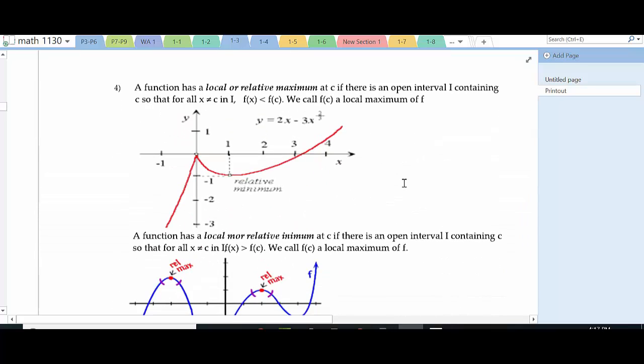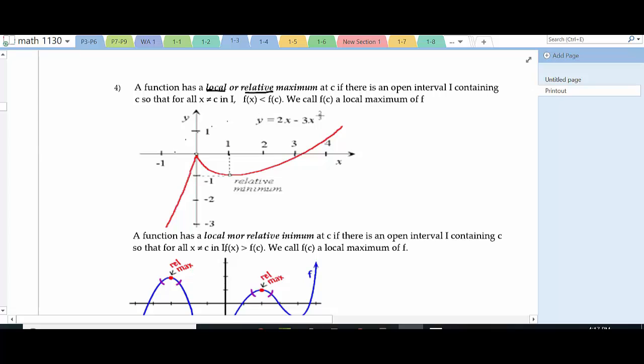So the next thing I want to talk about is a calculus idea. Since it's pre-calculus, we introduce you to the ideas that you'll see more in depth in a calculus class. What a local or relative max is, you'll hear me use both terminologies. Calculus textbooks usually use one or the other, but they're interchangeable. They mean the same thing.